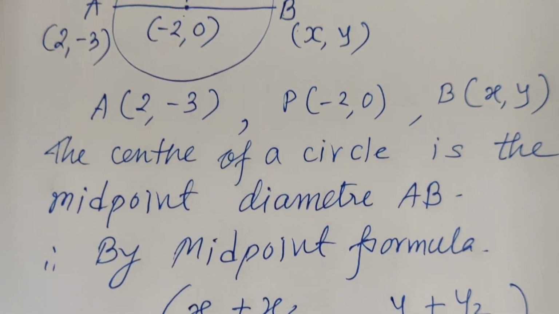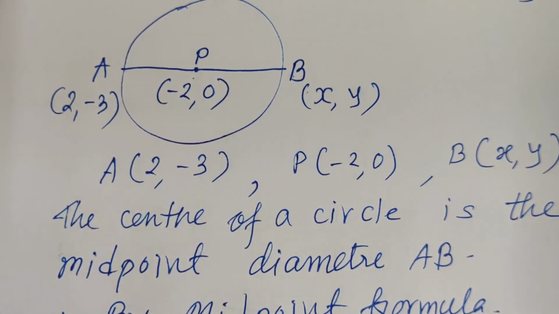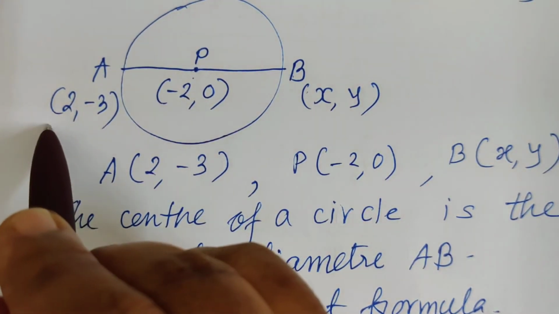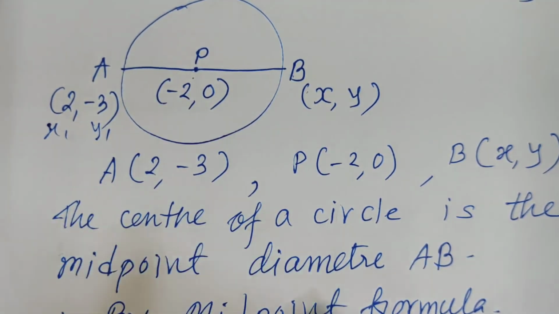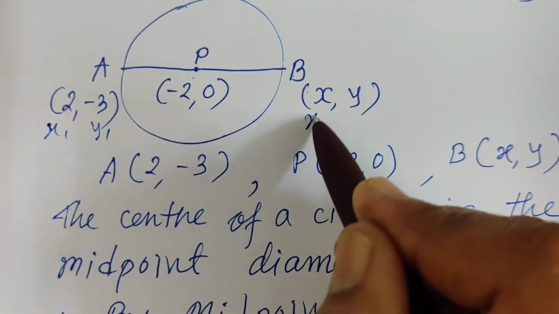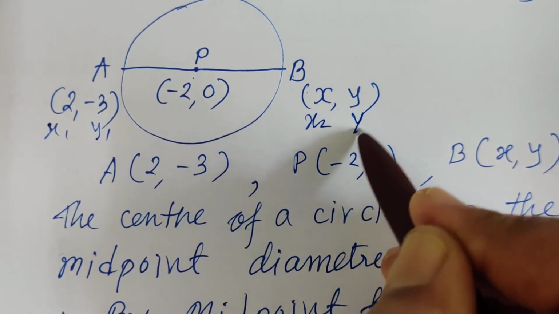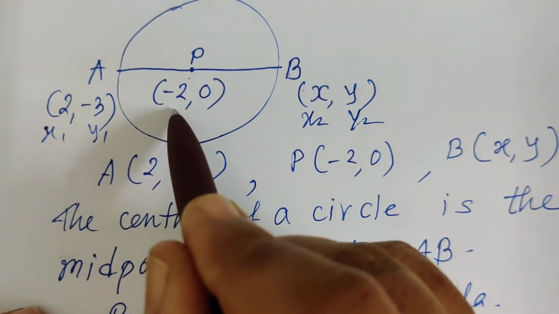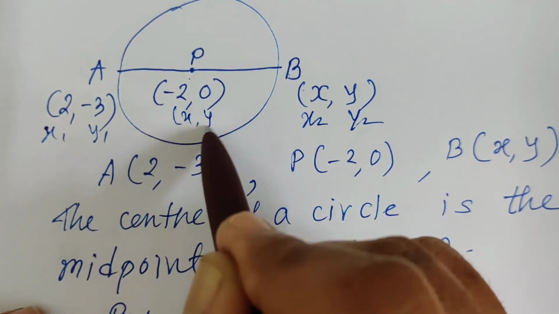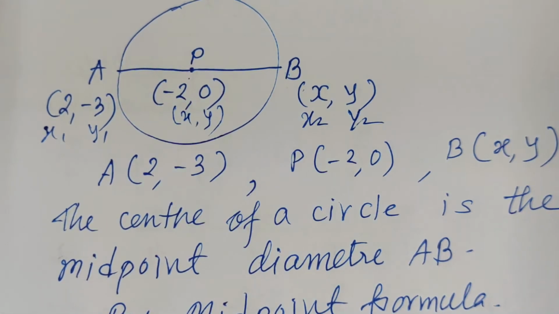Now see here, A's coordinates will be x1, y1. B's coordinates will be x2, y2. And P's coordinates will be x and y. You should keep this in mind.